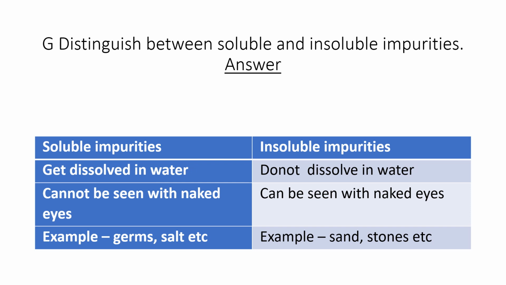Soluble impurities cannot be seen with naked eyes. Insoluble impurities can be seen with naked eyes. For example, in soluble impurities we have germs, salt, etc., and in insoluble impurities we have examples like sand, stones.